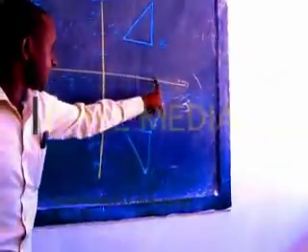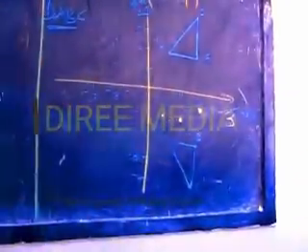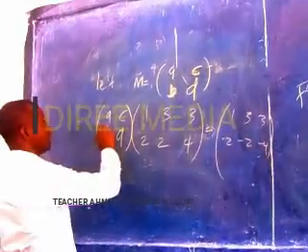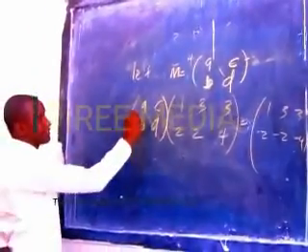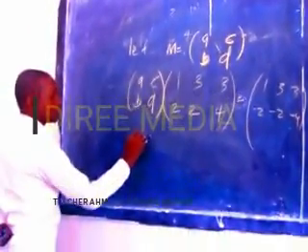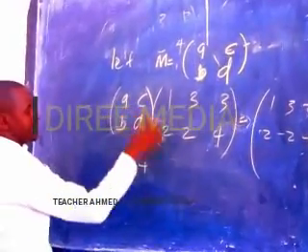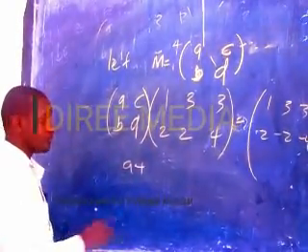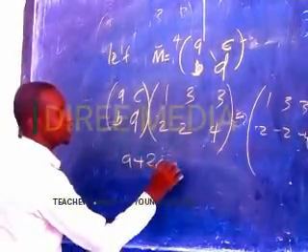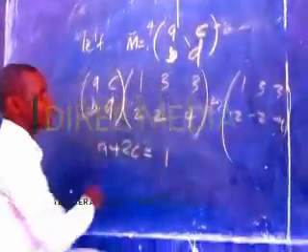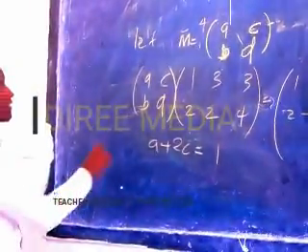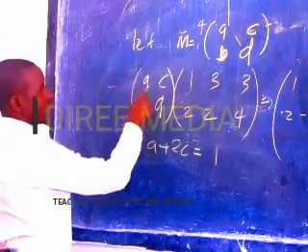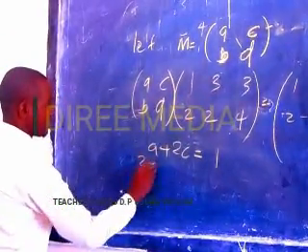So let's now form our equations to find the values of A, B, C, and D. A multiplied by 1 is A, plus C multiplied by 2 is 2C, equal to 1. On the other hand, A multiplied by 3 is 3A, plus C multiplied by 2 is 2C, equal to 3.